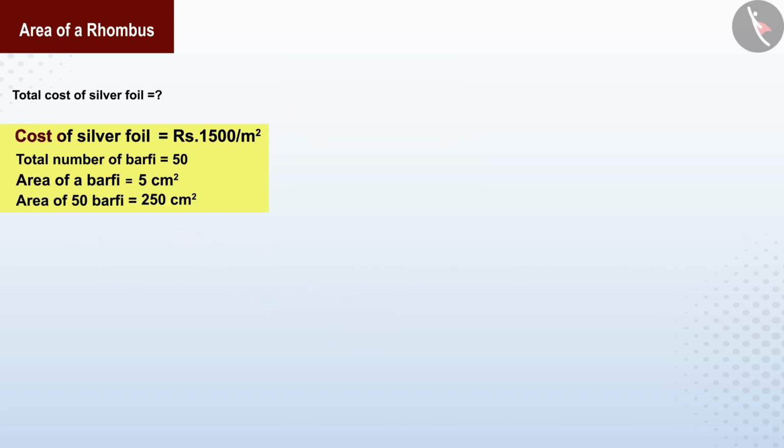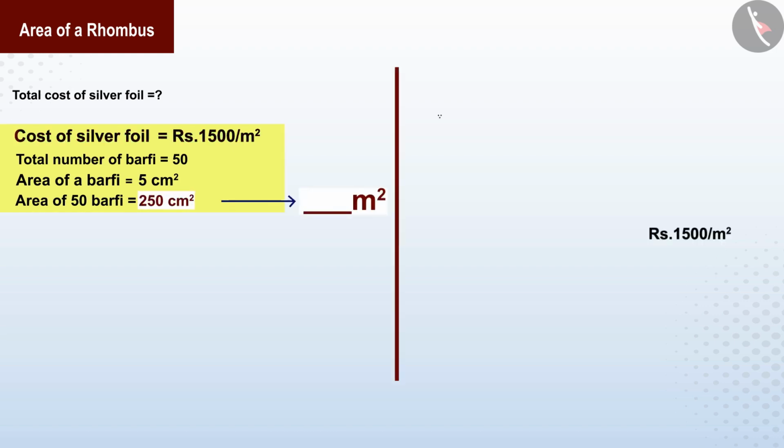The cost of applying the silver foil is 1500 rupees per square meter. So let's convert the total area of barfi, that is 250 square centimeters, to square meters. As we know, a meter has 100 centimeters.